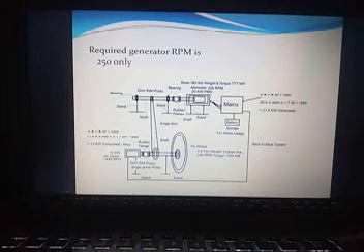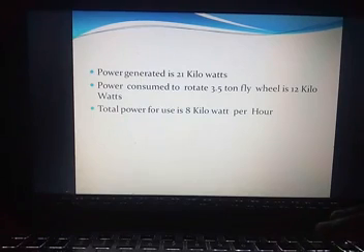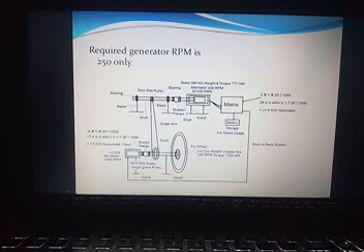Suppose the flywheel is rotated at 20,000 RPM by making it from carbon fiber or polyfiber or composite material, then the system will use bigger RPMs for generating maximum torque. Here the torque is more on the flywheel side and less on the alternator side. In this way we are making power constantly available to the system.